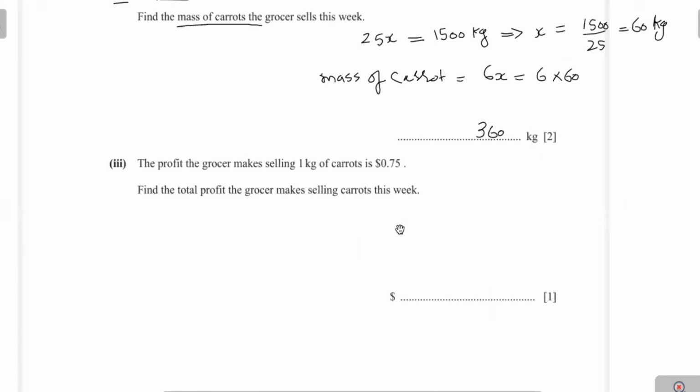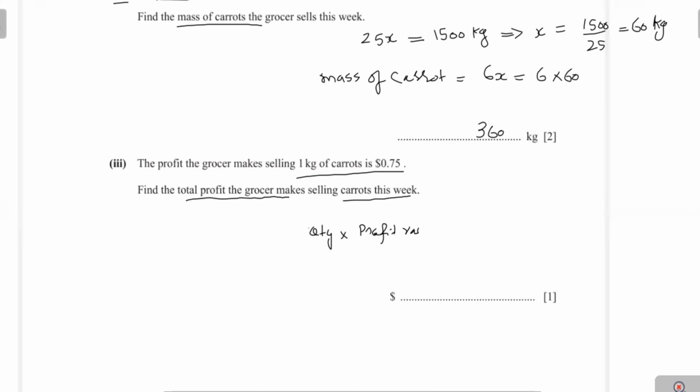part third. The profit the grocer makes selling 1 kg of carrot is $0.75. Find the total profit the grocer makes selling the carrot this week. Total carrot sold this week is 360 kg, and the total profit will be equal to quantity multiplied by profit rate.